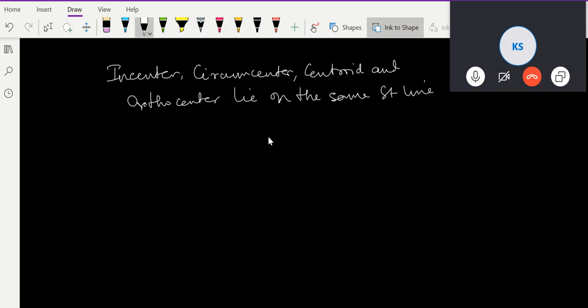Okay. So, these 4 points lie on the same straight line, right? This is a very important property of all triangles. Now, can these points coincide? All 4?